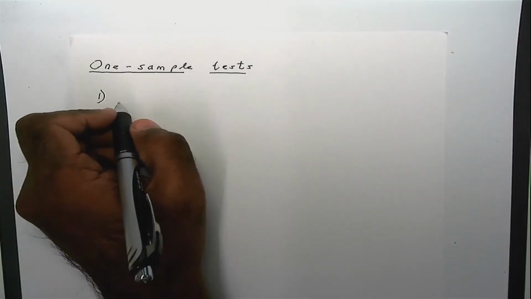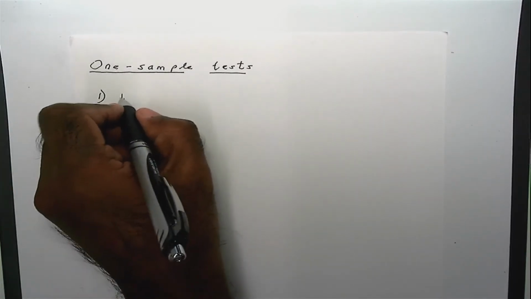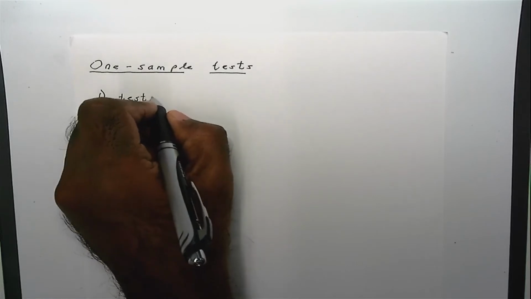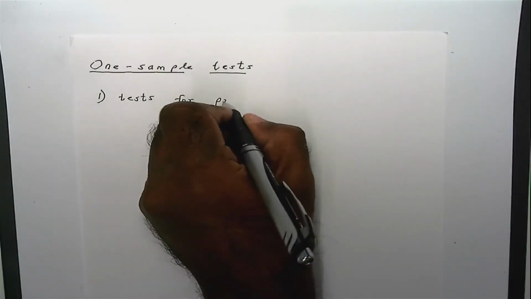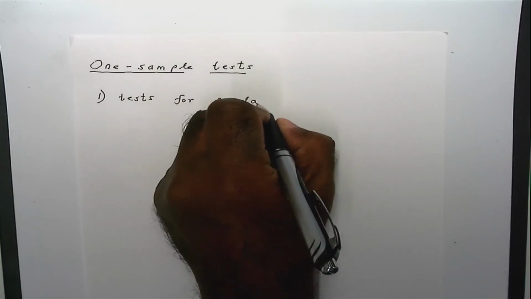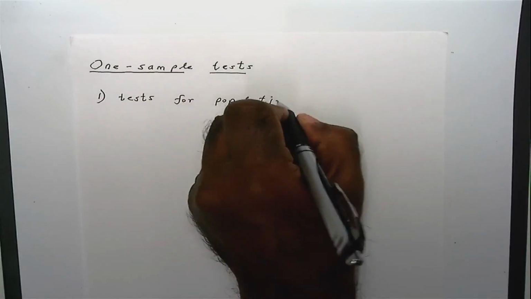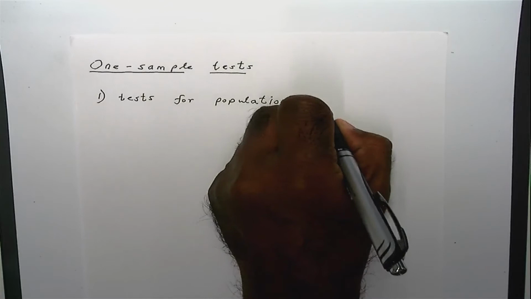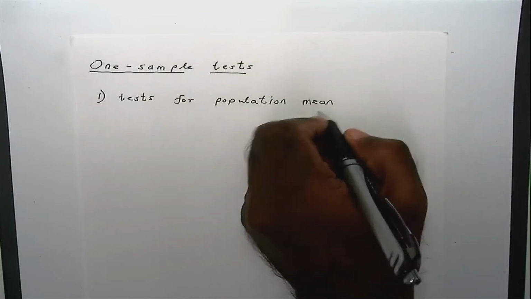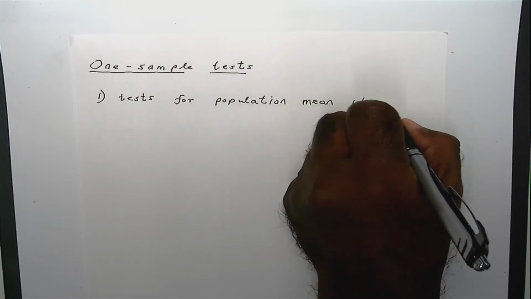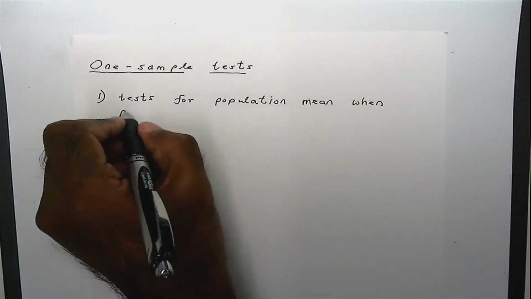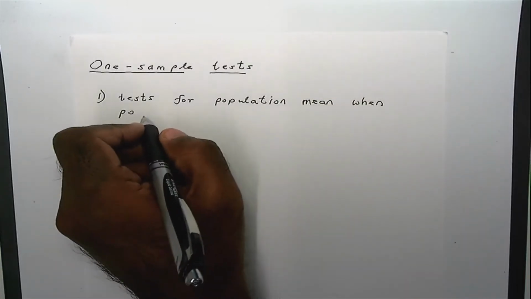The first one tests for population mean when population variance is known.